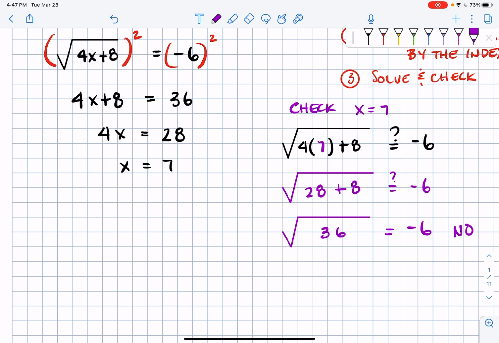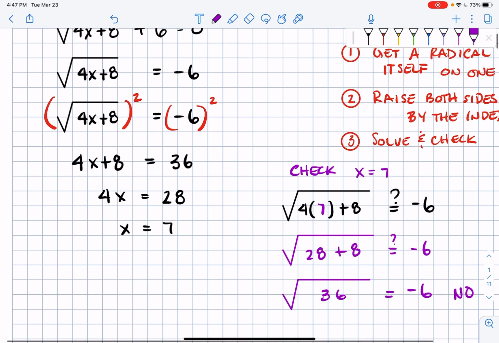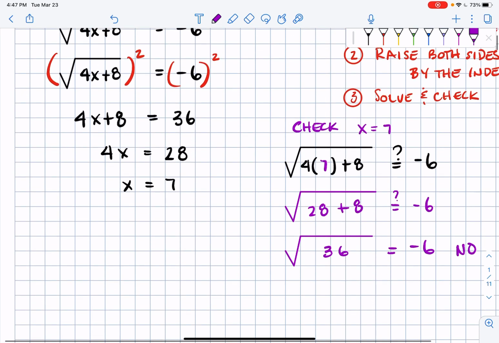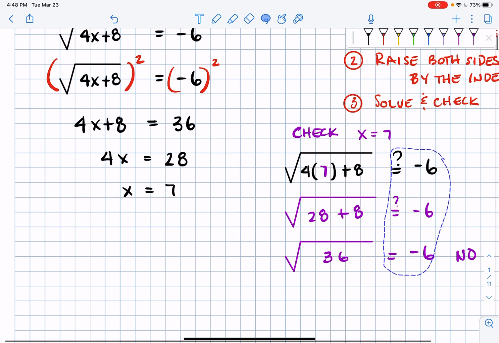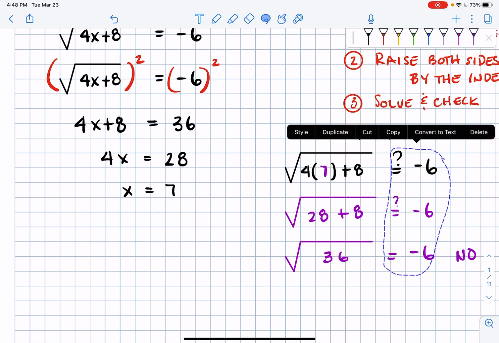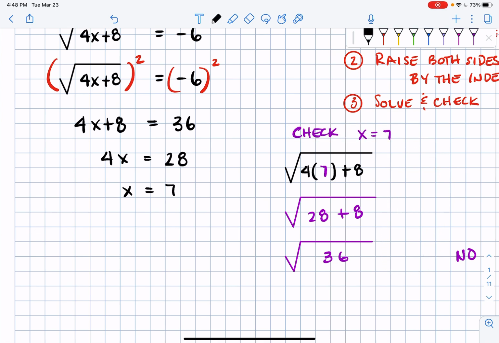Now, actually, I probably should have done it this way instead, guys, because this is the original equation.